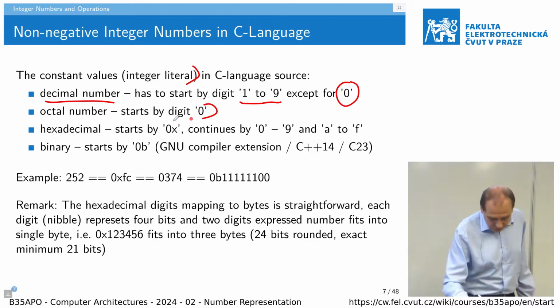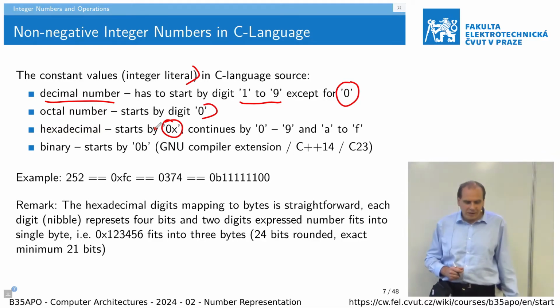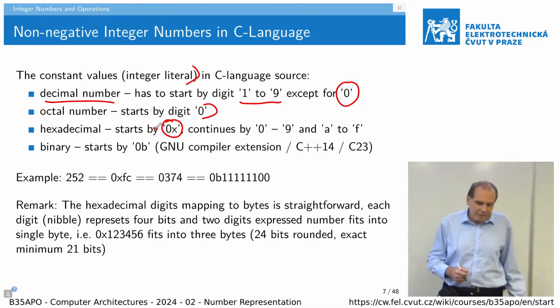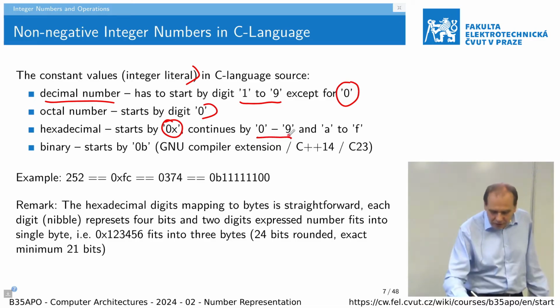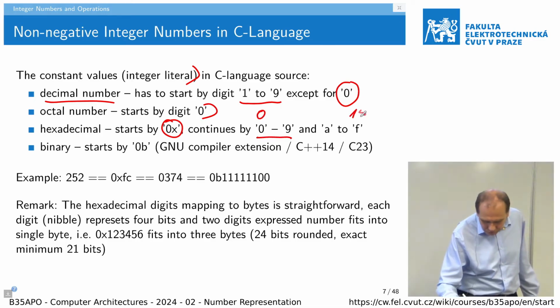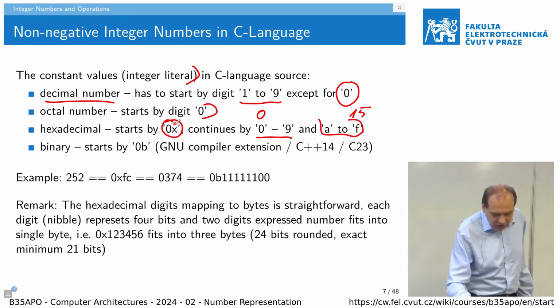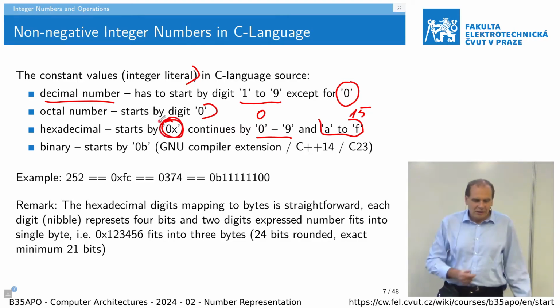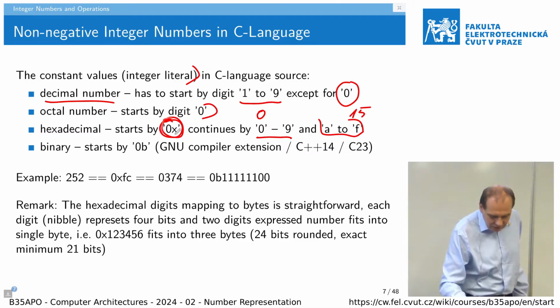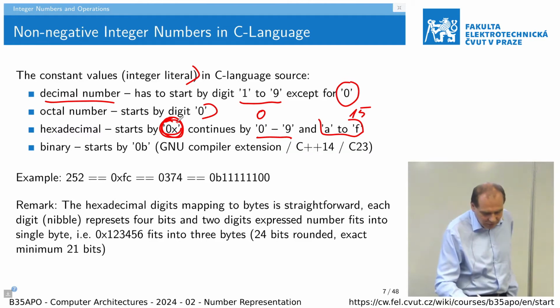If you want to write hexadecimal numbers, then we do not have in our standard alphabet or character set enough digits to get the values from 0 to 15. So for this reason, we use A to F as the extension. And the string is prefixed by 0x, and this means that it is hexadecimal encoded.